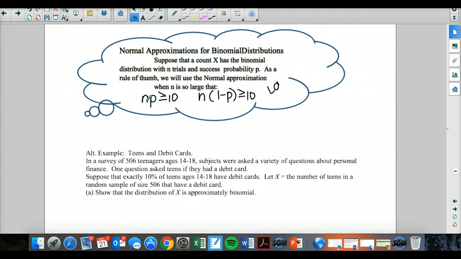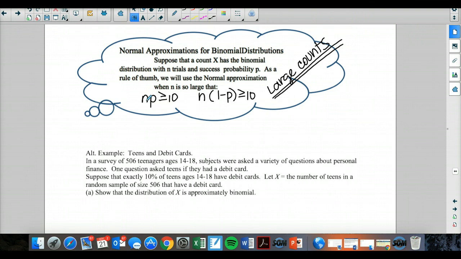We call this condition large counts. You're going to see during chapter 8, 9, 10, we're going to do tons of large counts. So to use a normal approximation, you must check large counts.